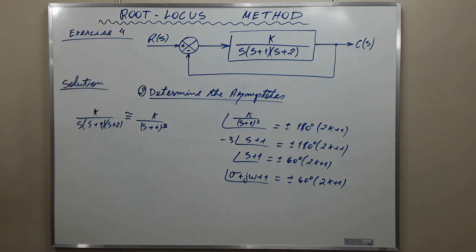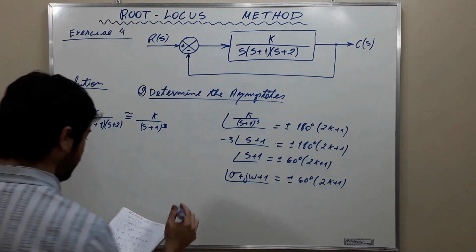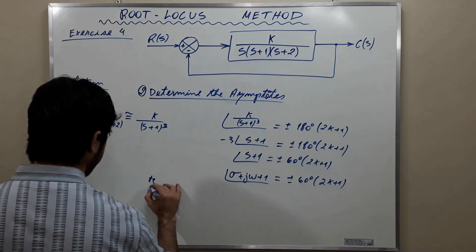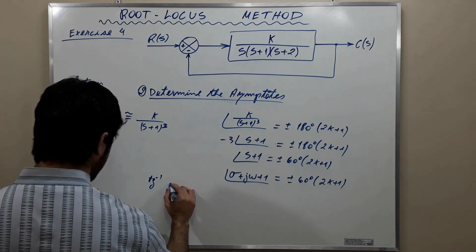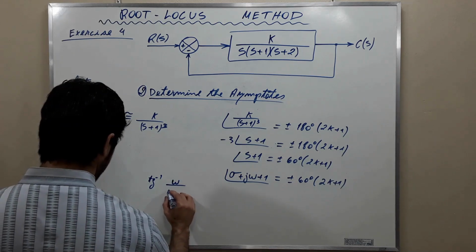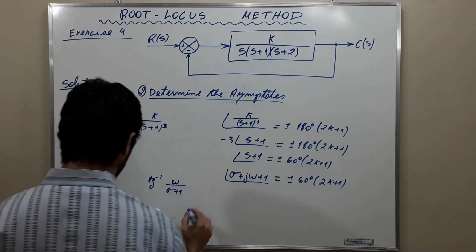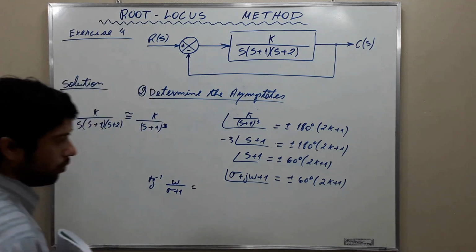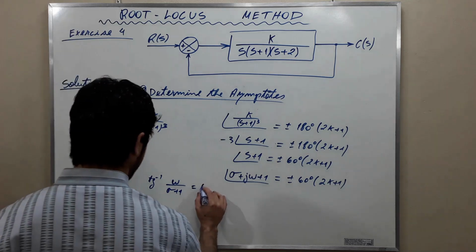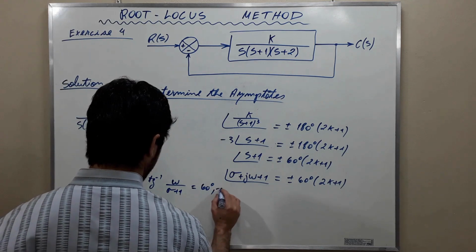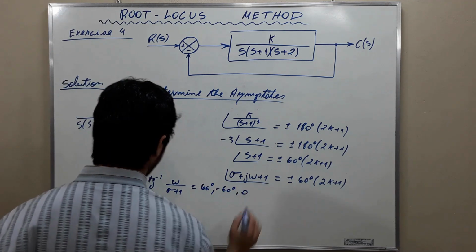Okay? And now we're going to find the asymptotes. We're going to take the tangent. So the inverse tangent of w over sigma plus 1 will be the angles of 60 degrees, minus 60 degrees, and 0.